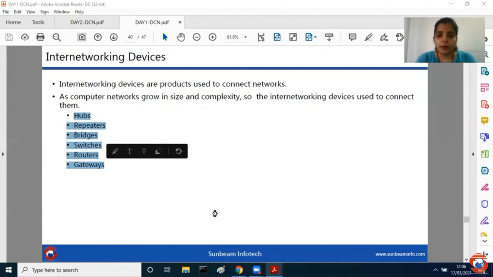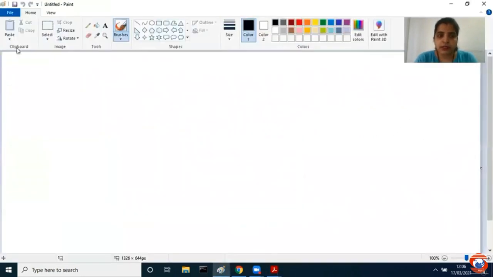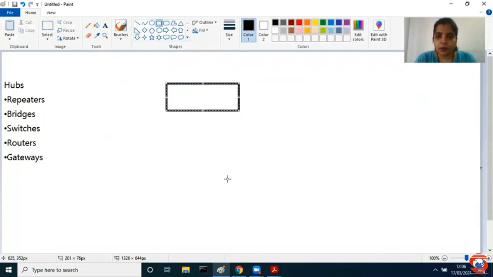When you talk about a hub, it is basically the first device which normally comes as an internetworking device. Let us say I have a hub device. A hub is an internetworking device which has a number of ports.